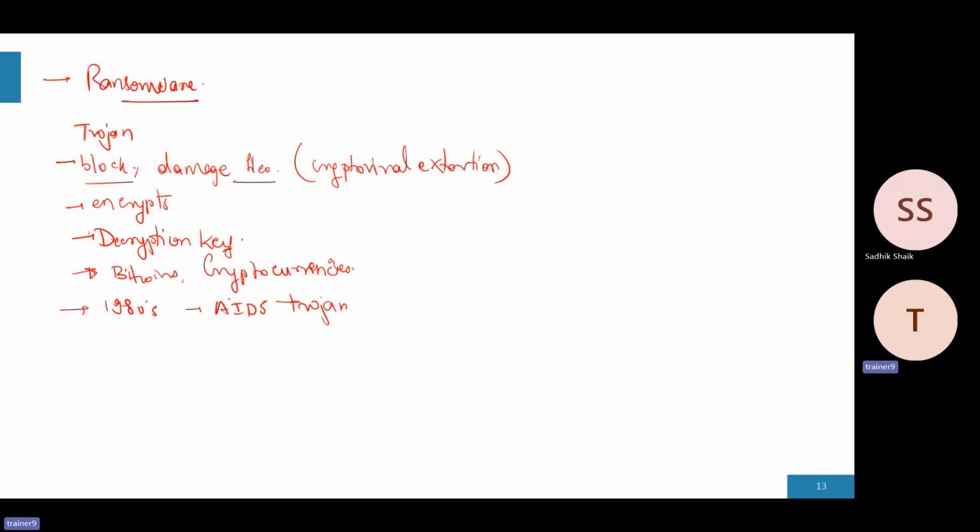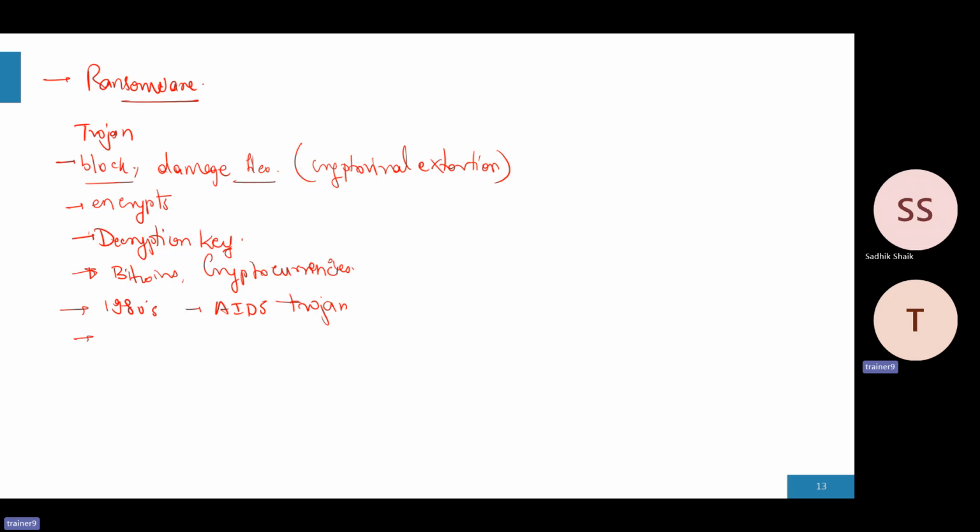Over the years these attacks have kept on multiplying and increasing, because attackers started using methods like cryptocurrencies. It becomes easier to implement, so crypto-viral extortion started getting more popular.